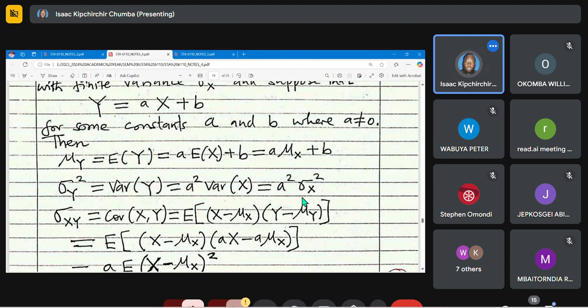That's why we were saying variance is translation invariant. It's not a function of b, it's translation invariant, but changes with scale.